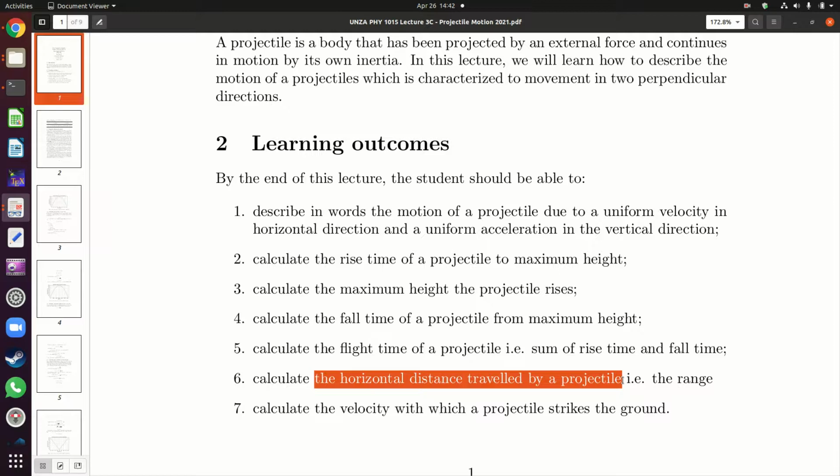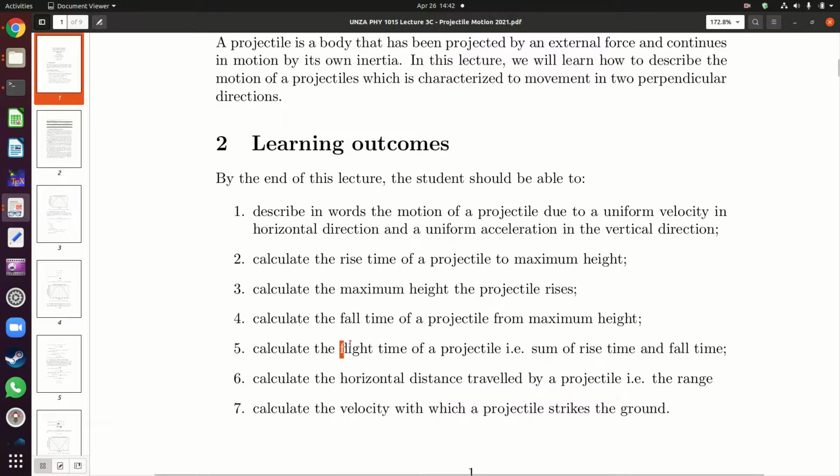Okay, thank you. So for you to work out the flight time, you need to find out what the rise time is, the time it takes your projectile to get to maximum height. Then you also need to find out what the fall time is, the time it takes your projectile to fall from maximum height. Sometimes the rise time and fall time, like we saw in our previous example, can be the same.